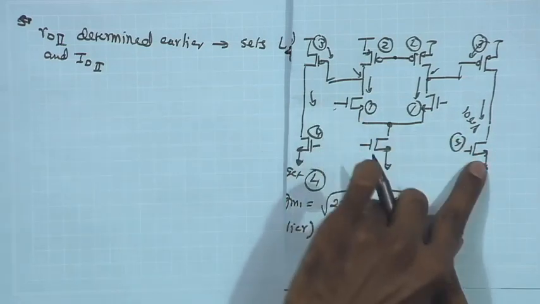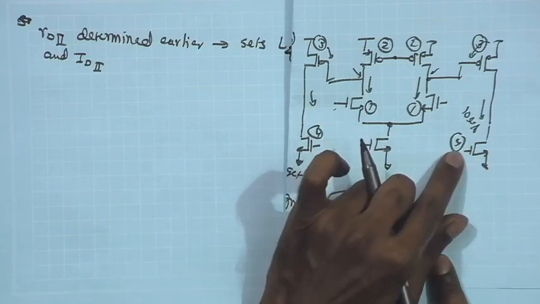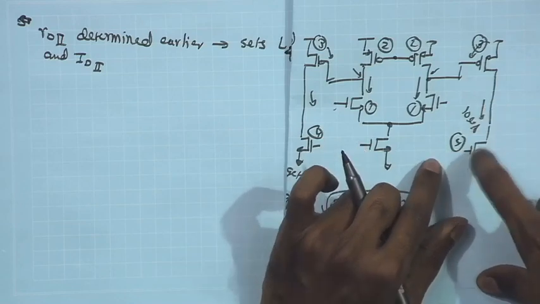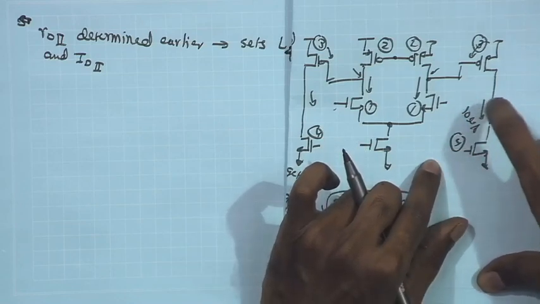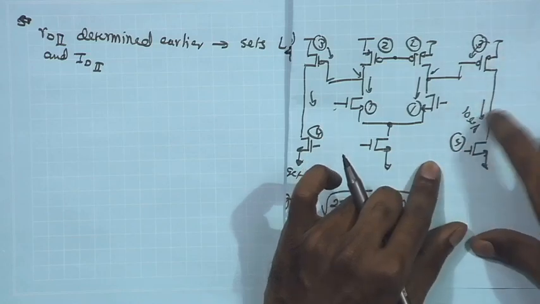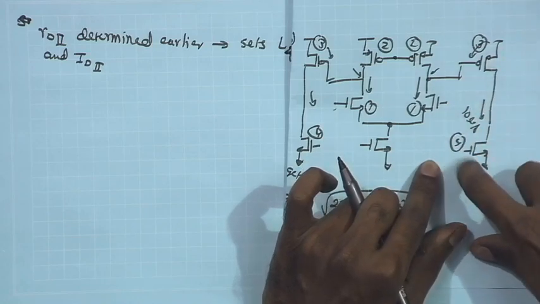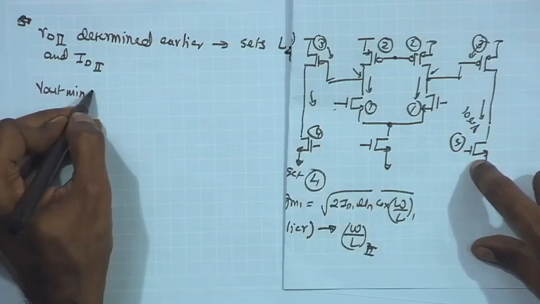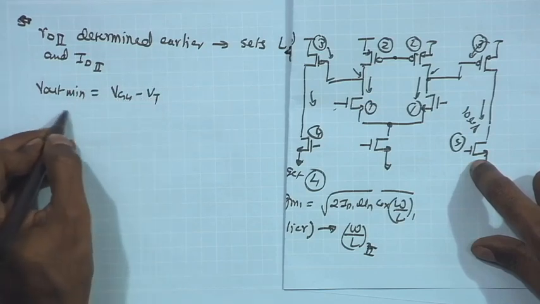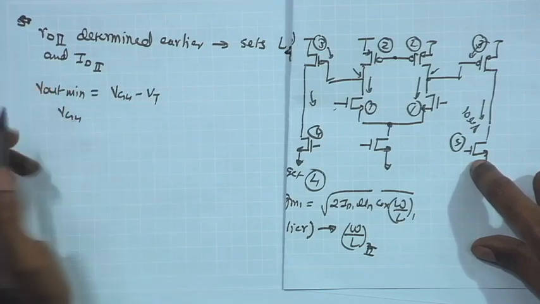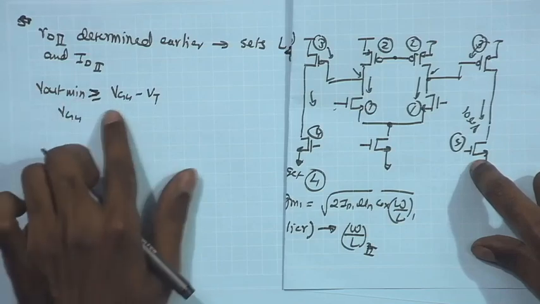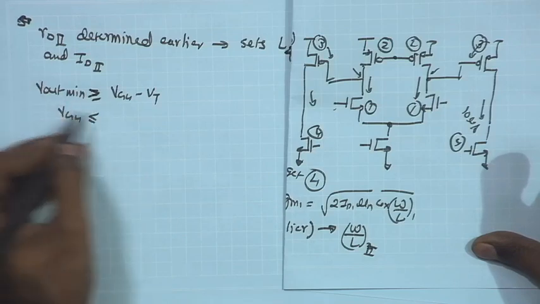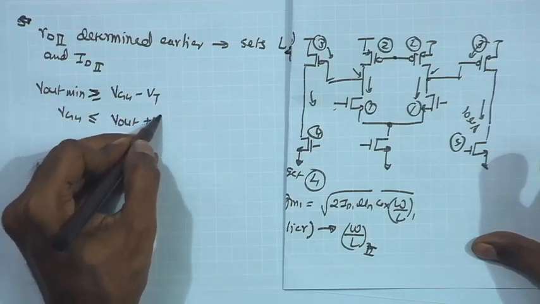And next I have the W of this MOSFET to be determined, and again W will be determined by the output signal swing required. I must make sure that the output minimum level required over here is higher than VG4 minus VT, and that gives me the VG4 constraint. So, V out min should be greater than or equal to VG4 minus VT, so that this M4 does not enter into triode, and therefore, VG4 should be less than or equal to V out min plus VT.